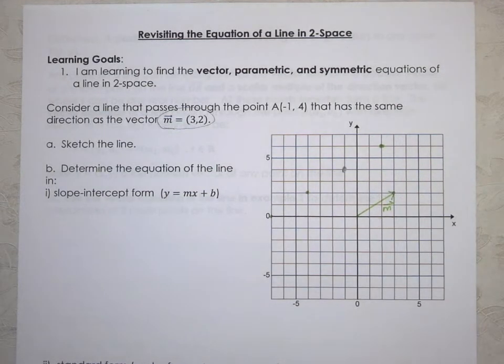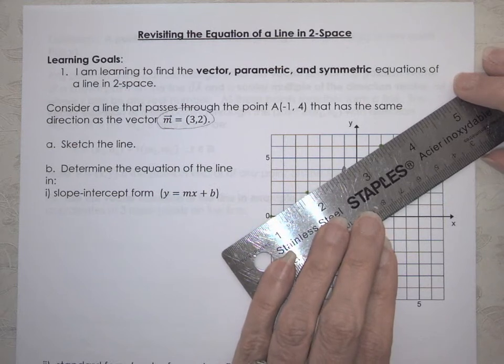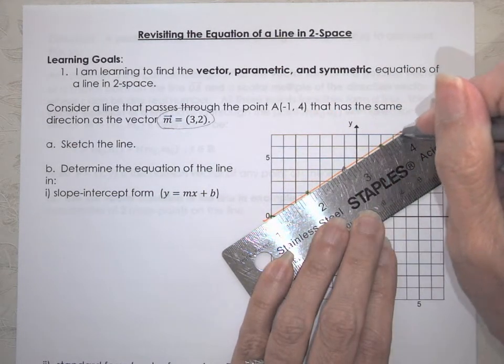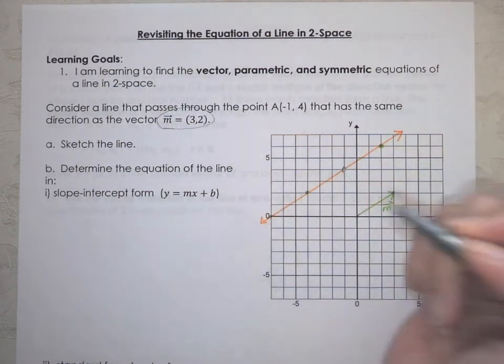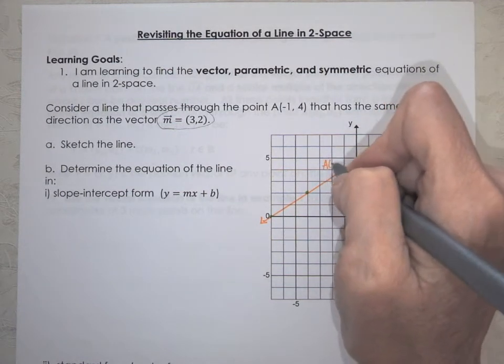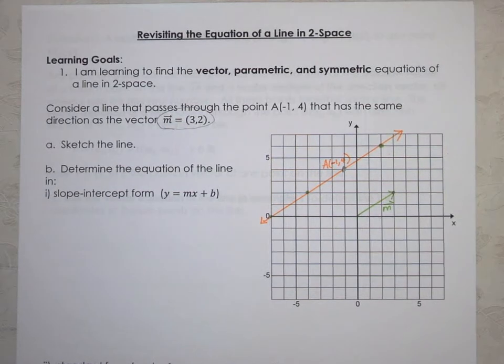And then we can draw in this line. This is a line parallel to a direction vector, but a line has arrows on both ends as it goes on forever in both directions. So here's our line, with this point A at (-1, 4), and that direction m = (3, 2).